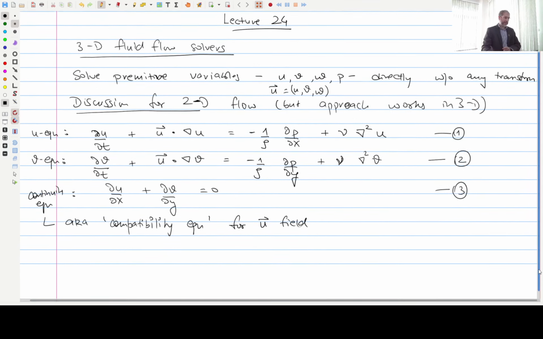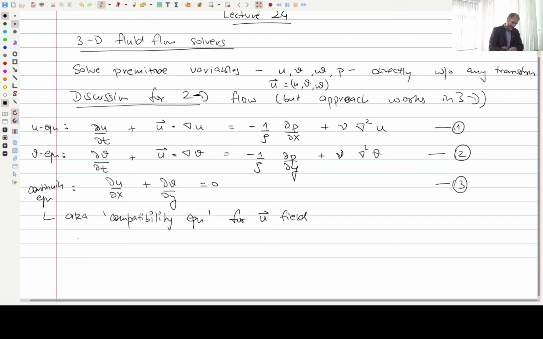So for all this discussion, I'll just write that the pressure field P has to be chosen, which is a function of x, y and z, and in fact could also be a function of time.